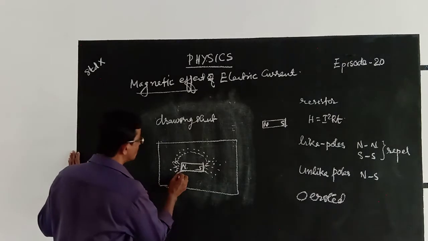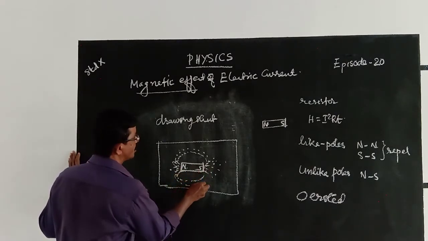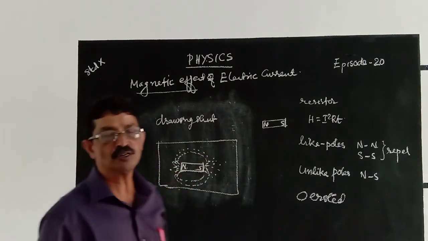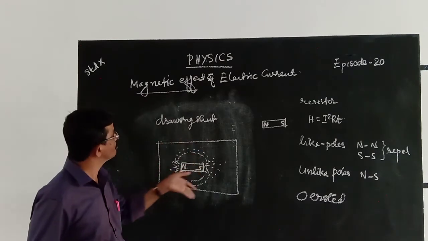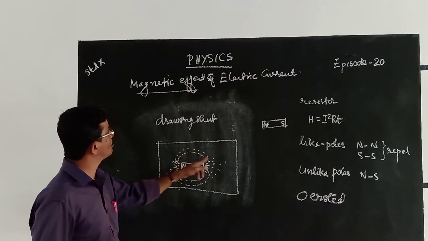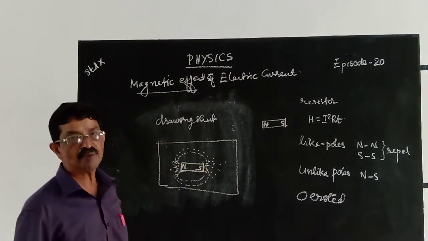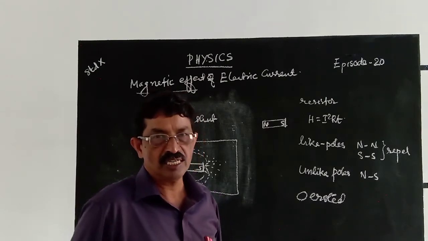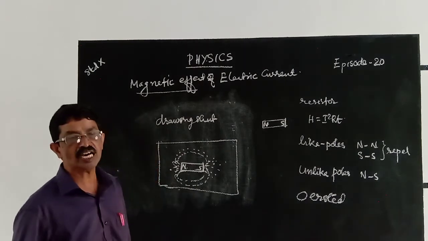And also we can observe some arrangement like this: some iron filings go from one pole to another in a curve. That means it moves from one pole to another near the bar magnet. But at a far distance we cannot see this arrangement.